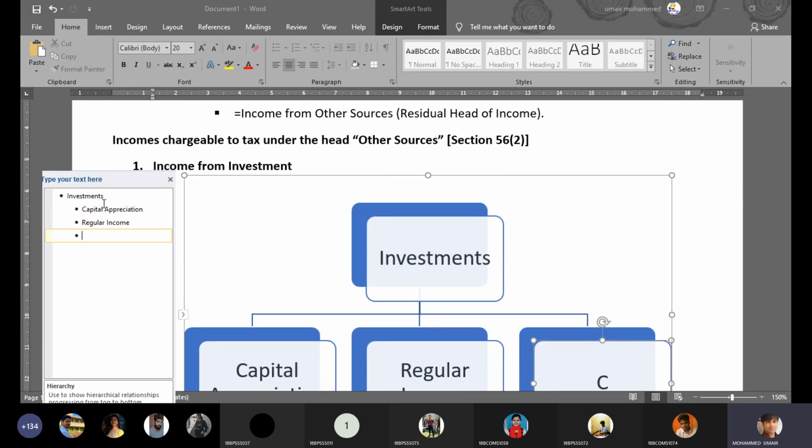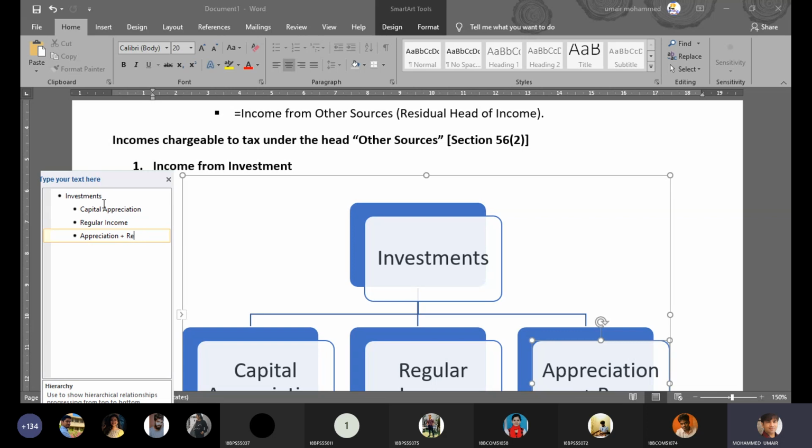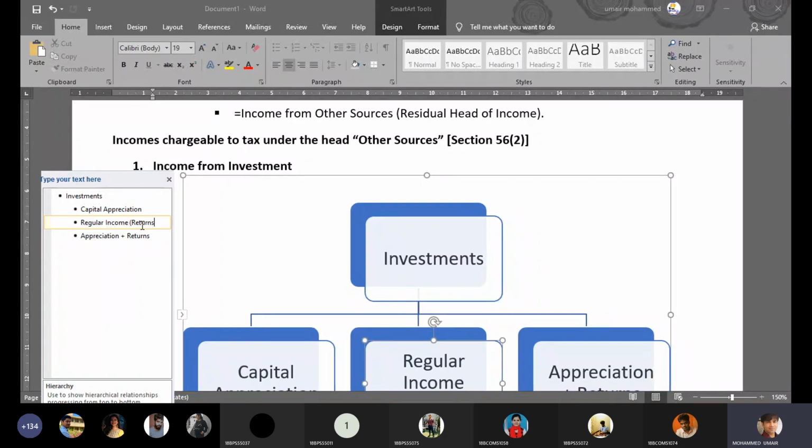There is a certain category of investment which offers you both appreciation plus some sort of regular income or returns. So now the third one seems to be interesting because you're getting both. Now, obviously, given a choice, you want both, right? We always want more from our money.